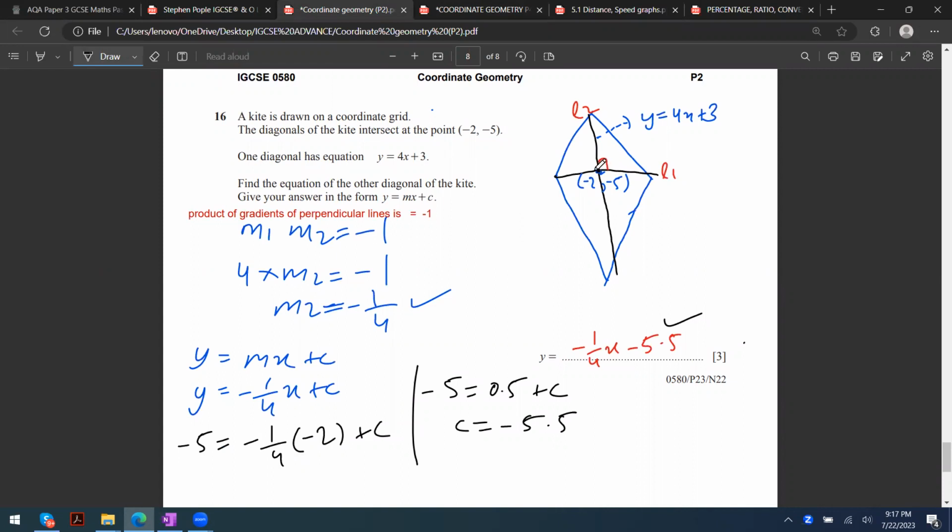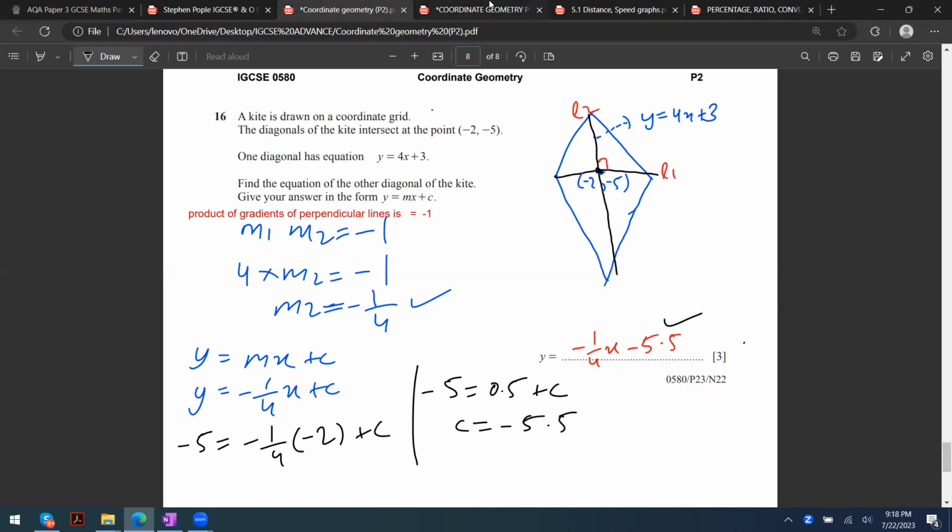So we are just concerned with the intersection point and the equations of the two diagonals. We are neither talking about the top part nor the bottom part. We are just talking about the intersection point, which is common between two diagonals, and we are talking about gradients because they are perpendicular, so the product of gradients is -1. Can you elaborate your question, Sophie? What is your confusion here? Sir, I understand now. Okay, good.